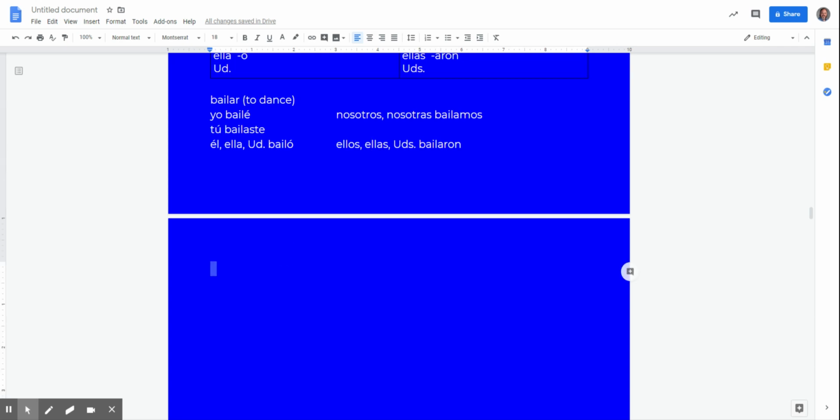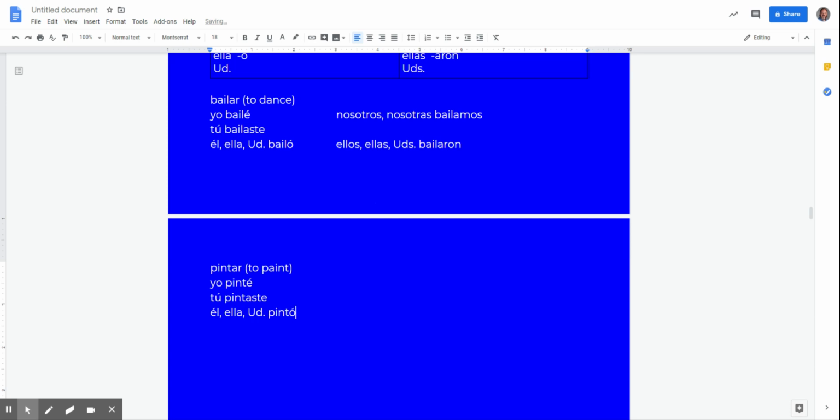Okay, you can do other verbs. Let's get another verb up there. How about pintar. Pintar is a regular AR verb, to paint. If you want to say you painted, you would say yo pinté, tú pintaste, él, ella, usted pintó.